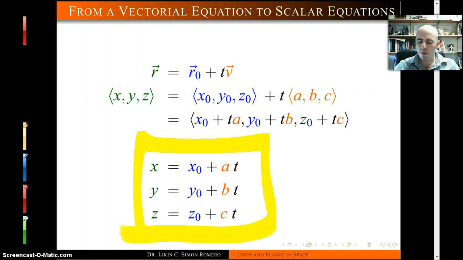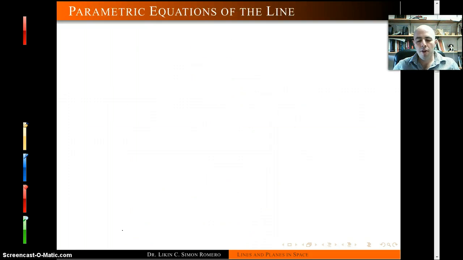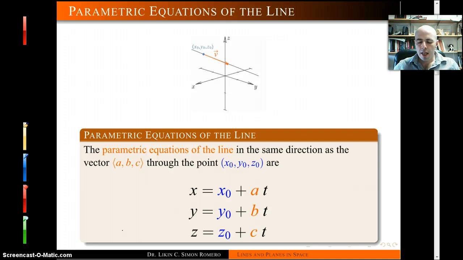These are what we call parametric equations of the line. So the parametric equations of the line in the same direction as the vector a, b, and c through the point x0, y0, z0 are given by this.